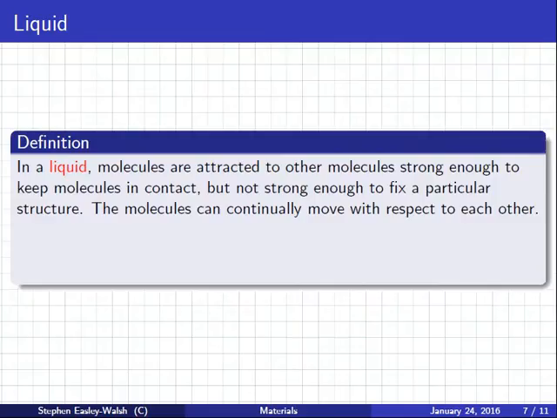So they want to be together, but they can still move around. So it's not strong enough to fix their structure. They can continually move. This is what you need for the exam for a liquid. Okay, so can you write this part down?